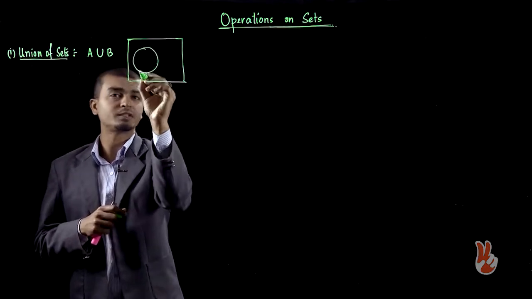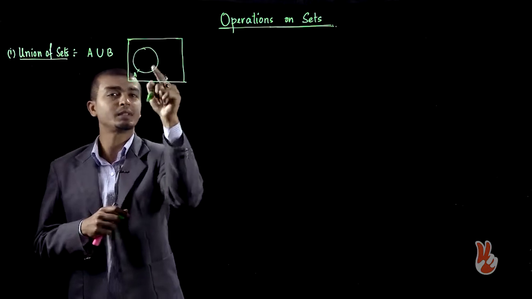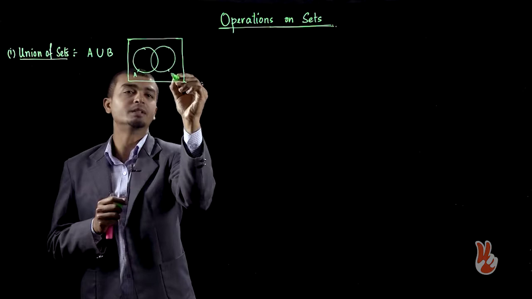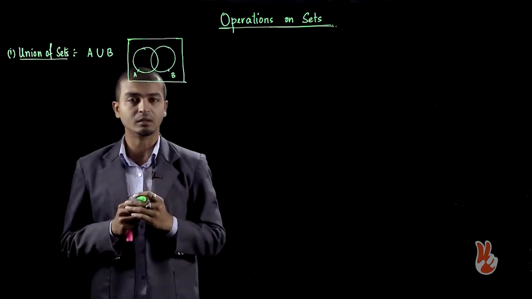Suppose this is the first set A represented by the first circle, this is the second set B represented by the second circle.